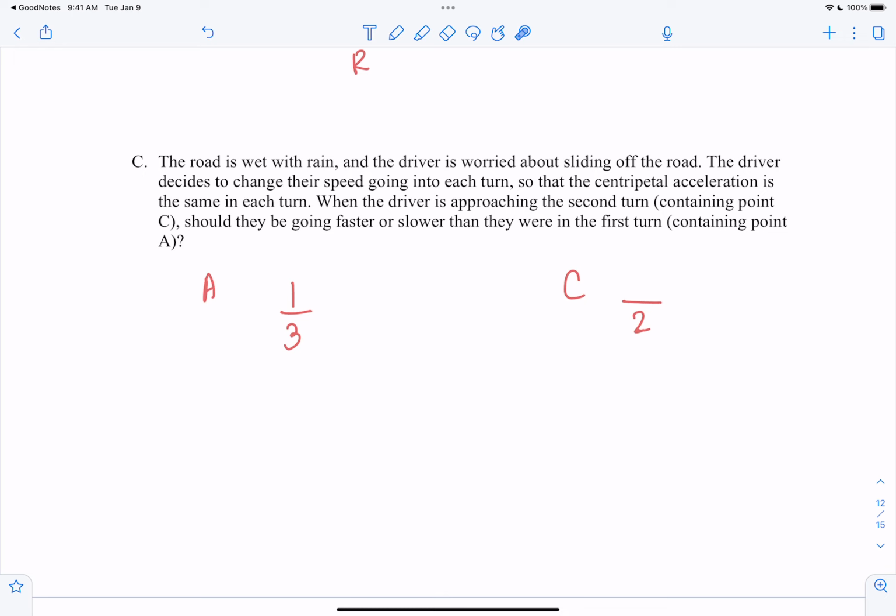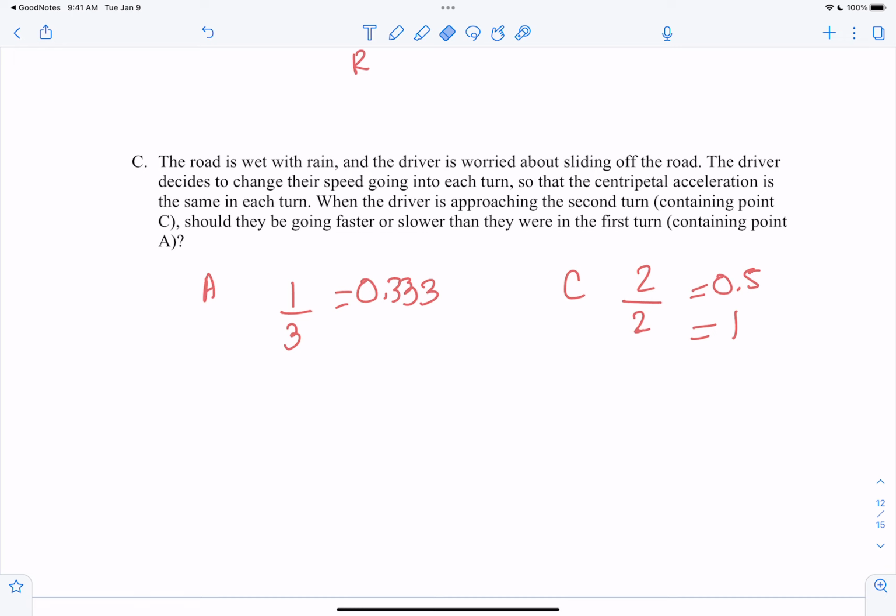If they were traveling at the same speed, this is 0.333 and this is 0.5. So if I increase speed from 1 to 2, then it's 1. So what would I need to do to bring it down to this value? Exactly, right? So I'd have to bring the velocity down.